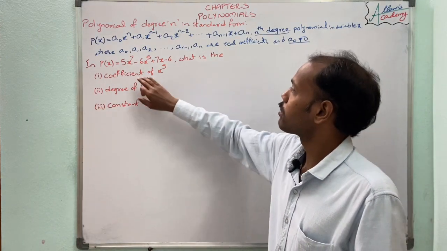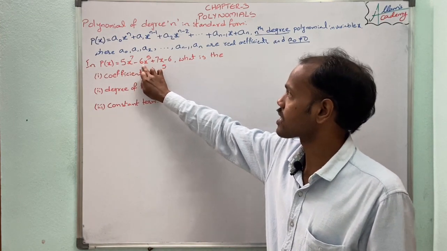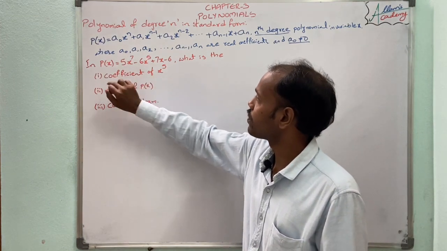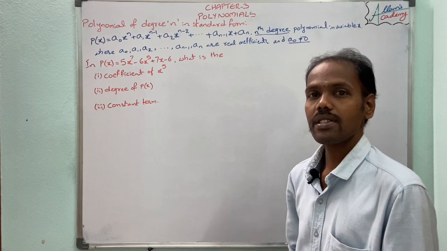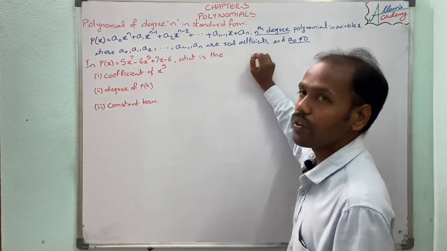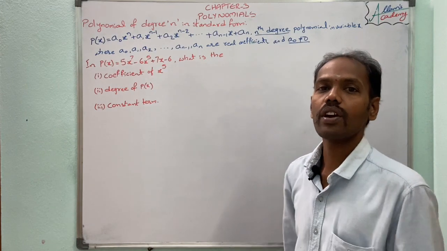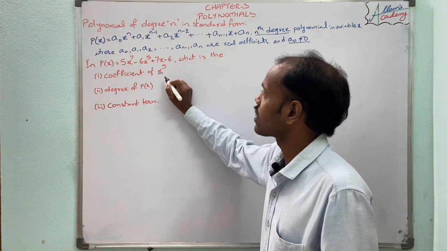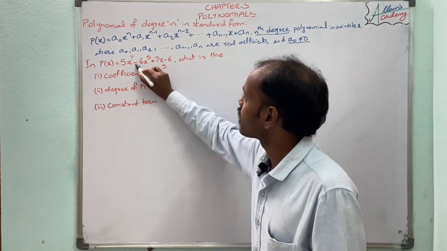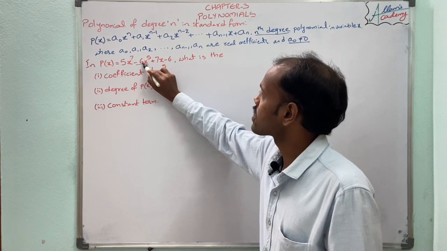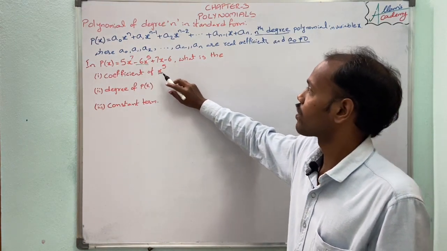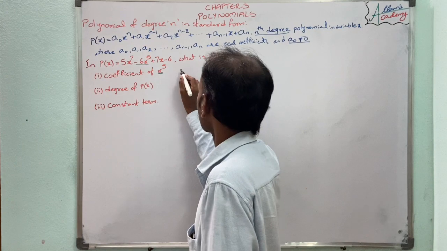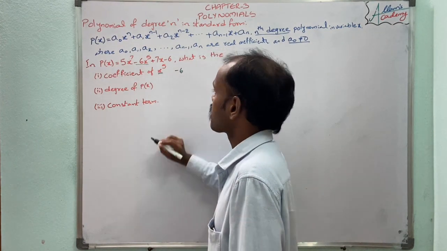Coefficient means the number before the variable. The x power 5 term is minus 6x power 5, and the number before x power 5 is minus 6. So the coefficient of x power 5 is minus 6.